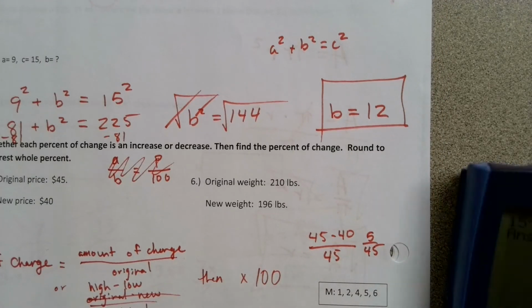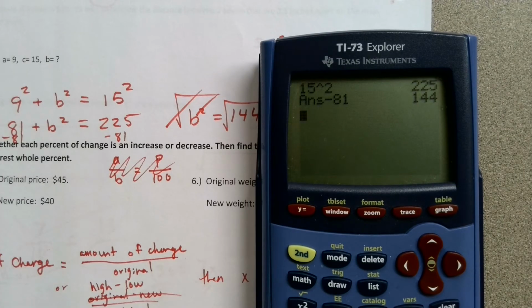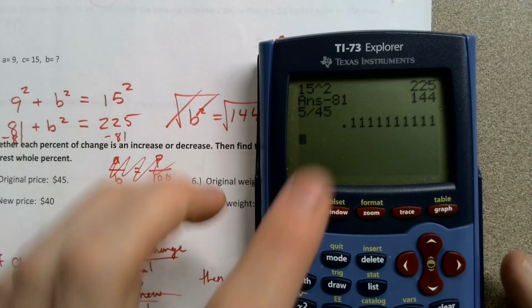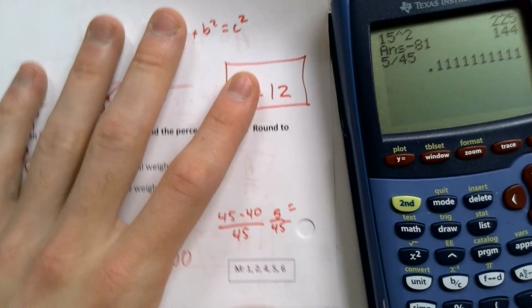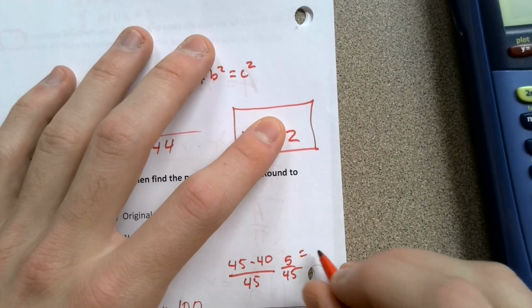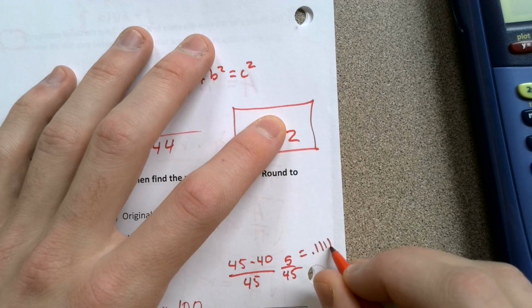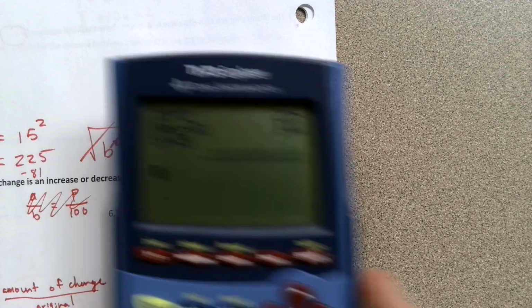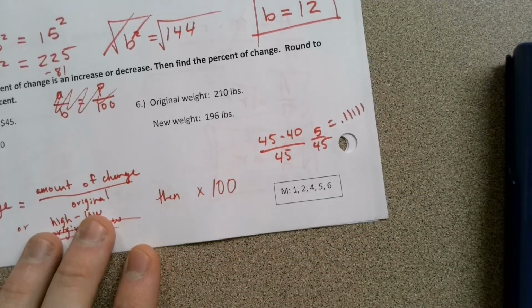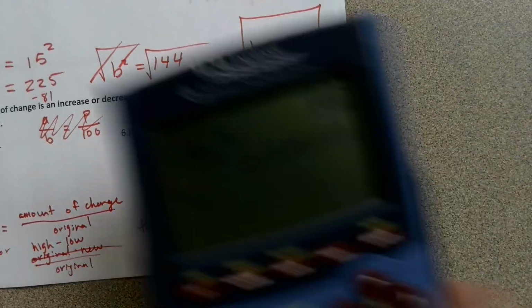Let's see what that is. We get 0.11111 repeating.